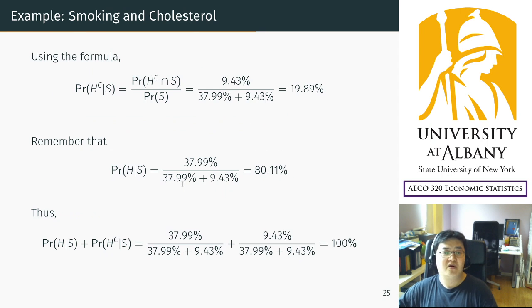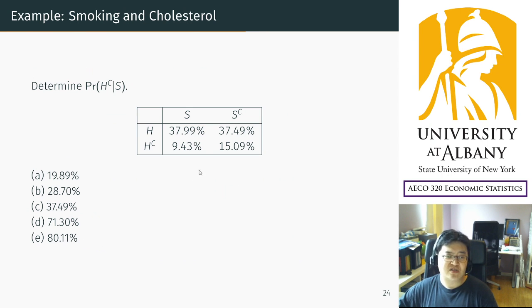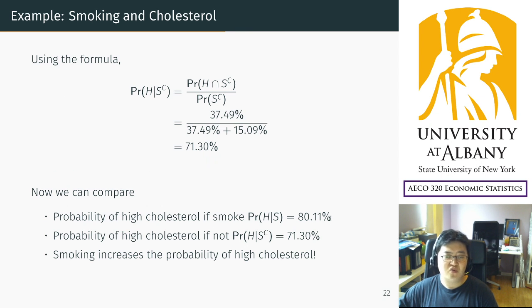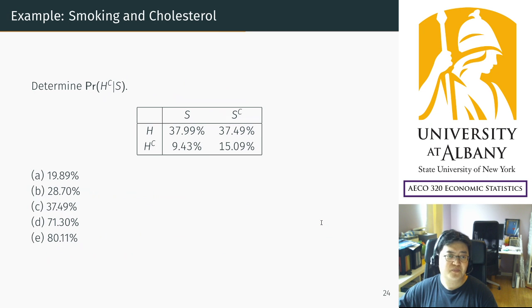Right? So when I ask you this question, you do not need to calculate from this table because we already know this value. If you have this number, then this automatically implies this probability equals 100% minus the previous number. So that is just another way to approach this question.